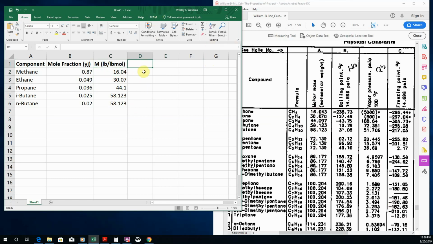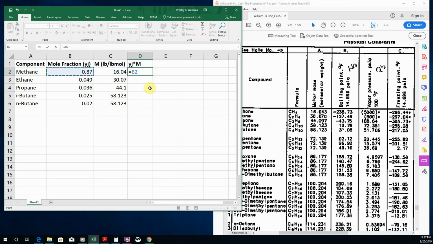So now, what are we trying to calculate next? First of all, we need to get the compositional weight fraction. If we look, we're going to multiply Y sub j times M, the molecular weight. We're trying to find the overall composite molecular weight of this mixture.